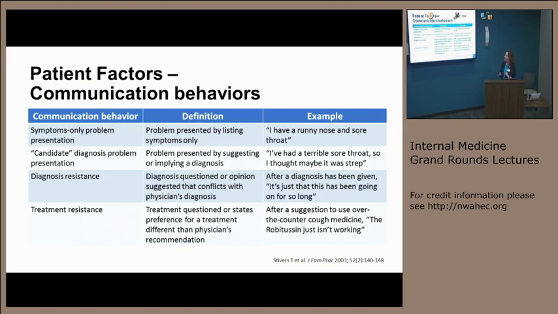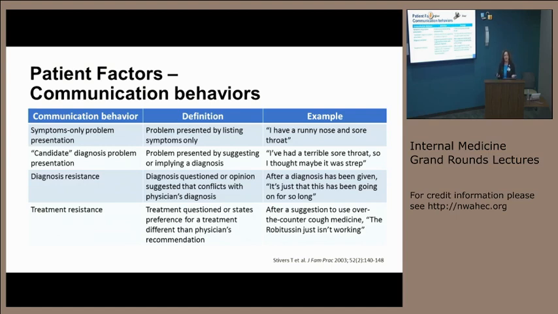What if she said, symptoms only, problem presentation: I have a runny nose and sore throat? Would you think that she automatically wants antibiotics? How about if she used a candidate diagnosis problem presentation? What if she said, I've had a terrible sore throat, so I thought maybe it was strep? What would that say to you?